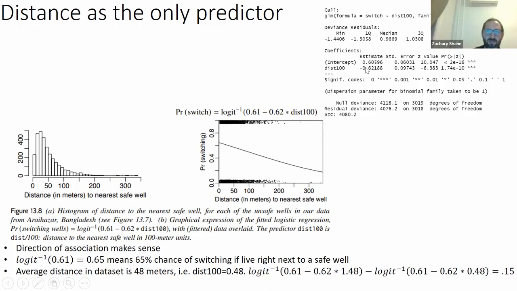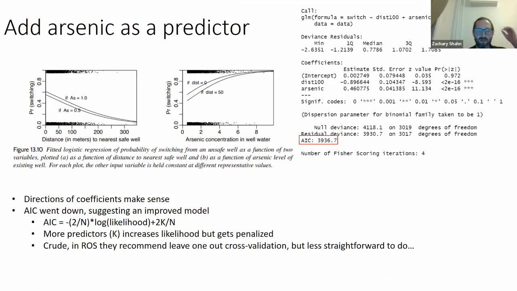Here, the 0.62 is coming from here, and the 0.61 is coming from here, minus the probability of switching if you're at the average distance, and that's 15%. Your probability of switching drops by 15% if you're 100 meters further away, or residents who are 100 meters further away than the average were 15% less likely than those who are the average distance away from a well to switch from a safe well.